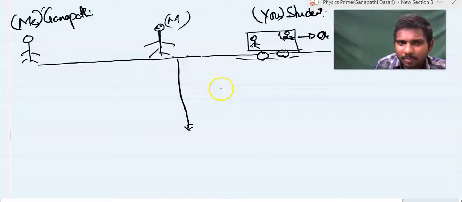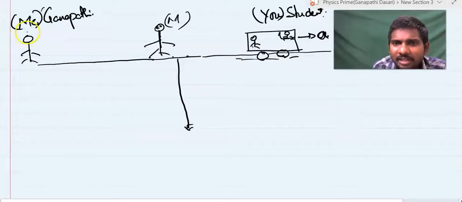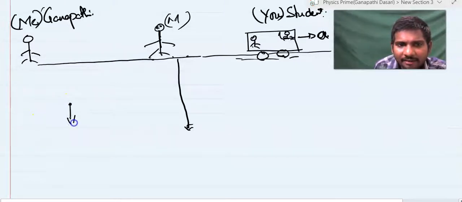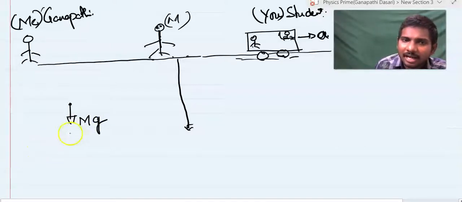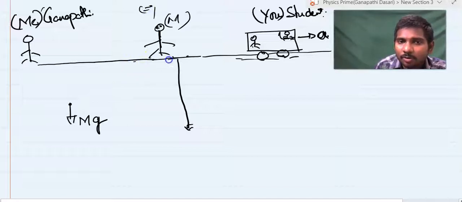So you tell me, first point, what is the free body diagram of this man according to me? There is gravity acting on the man, which is equal to mg, and this man is at rest on the ground. He's not moving, he's at the same coordinate position.